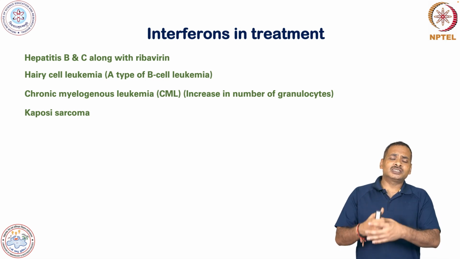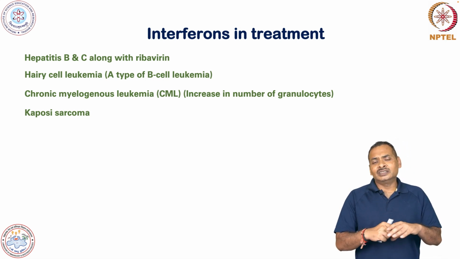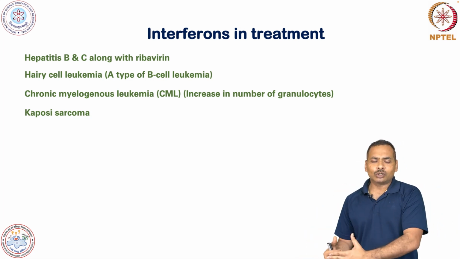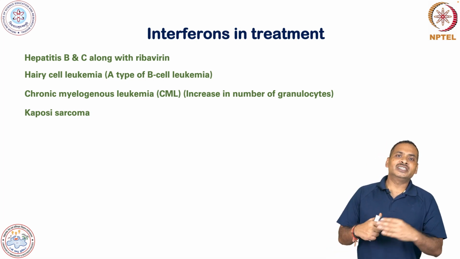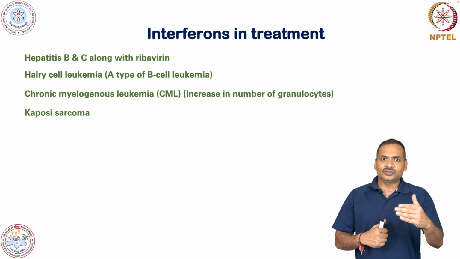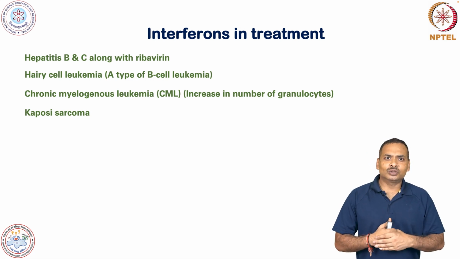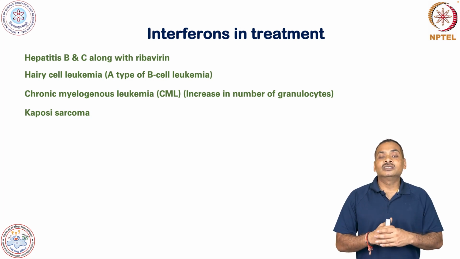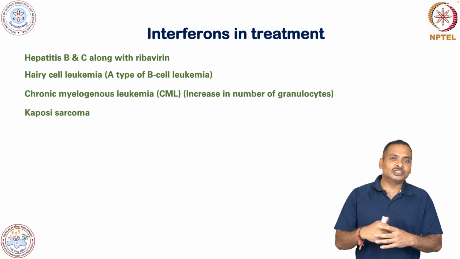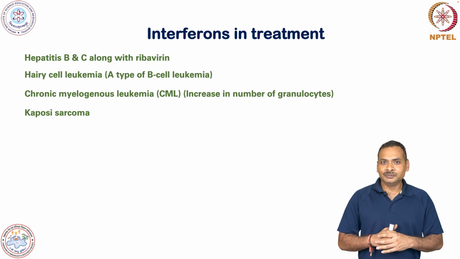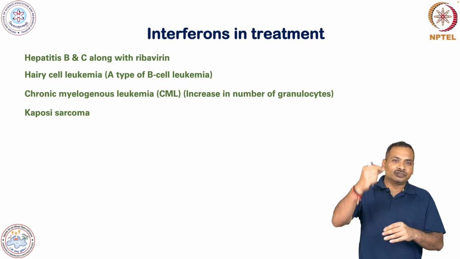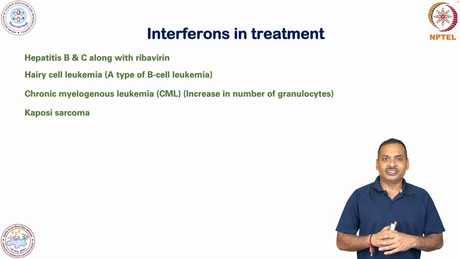Once these cells are reduced, that affects various arms of immunity, and when immunity is compromised, people tend to develop one or other types of cancer. In AIDS, Kaposi sarcoma is one of the very unique cancers associated with it. Another is infection with Mycobacterium tuberculosis, and there is also some fungal infection. These are signatures of acquired immunodeficiency.